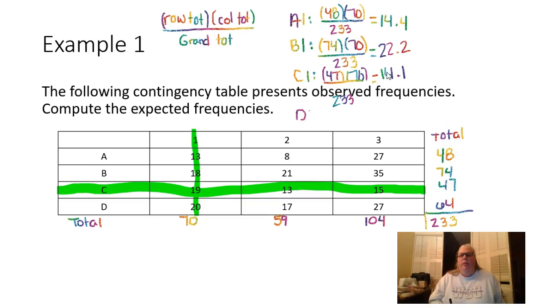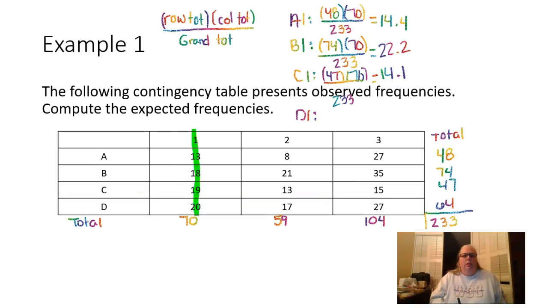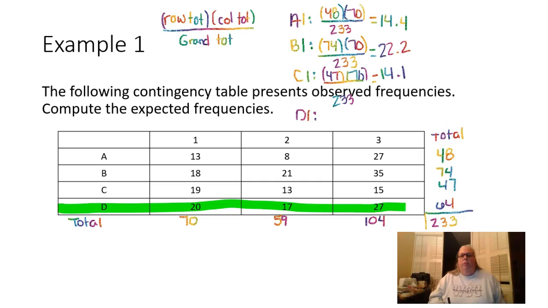And then finally, we'll finish out column 1 with D1. Take this out of here. Now I'm looking at row D. 64 is my total.